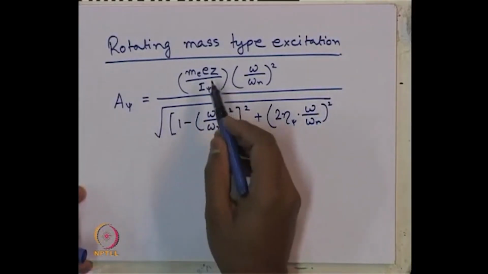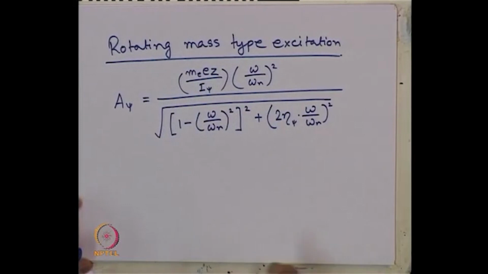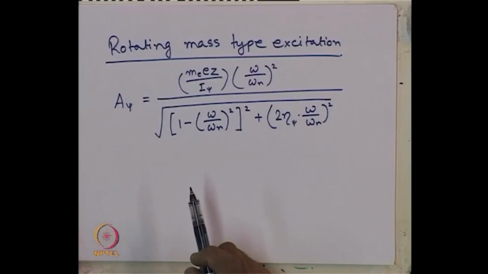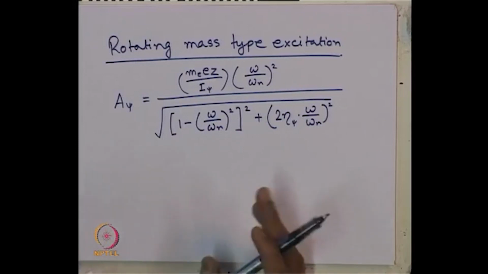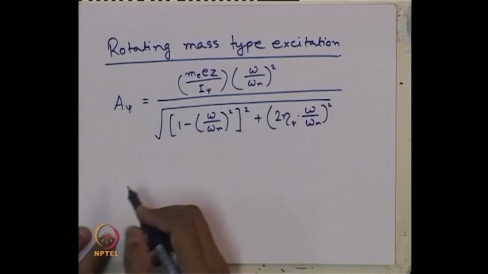And for eccentric mass, how much is this z? We are considering from the CG. So, h by 2, right. So, this z will be 7.5 centimeter, because total height of the footing is 15 centimeter, as given in the problem.